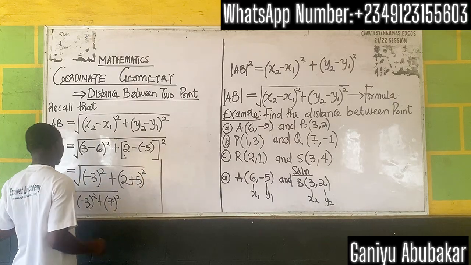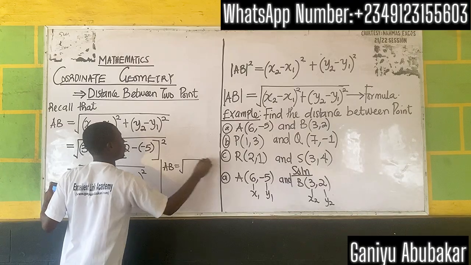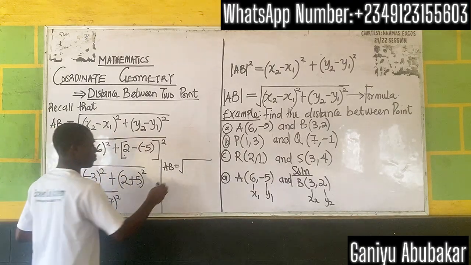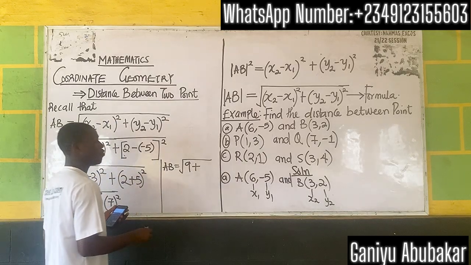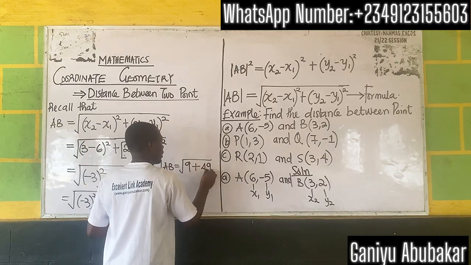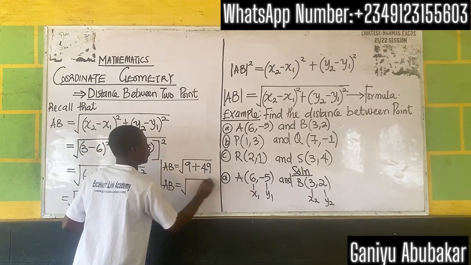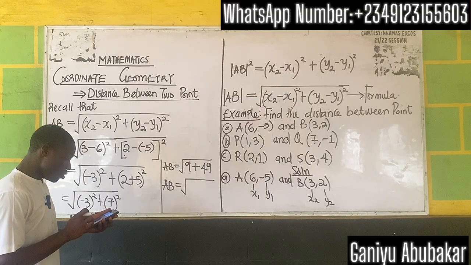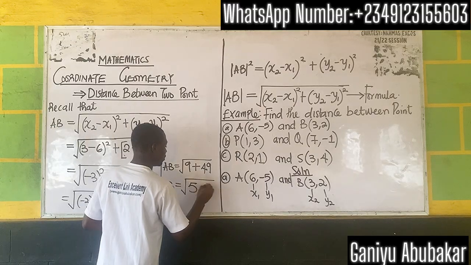From here, the distance between points A and B will be equal to the square root of negative 3 squared. That gives you 9. Plus 7 squared gives you 49. So the distance between points A and B will be equal to the square root of, if I add up 49 with 9, that gives you 58.